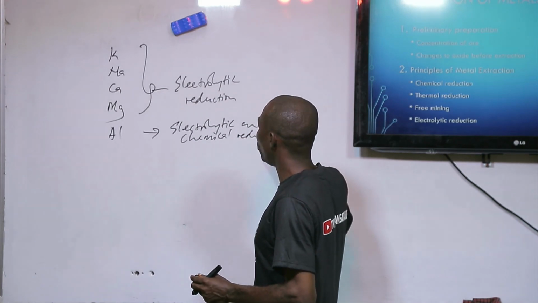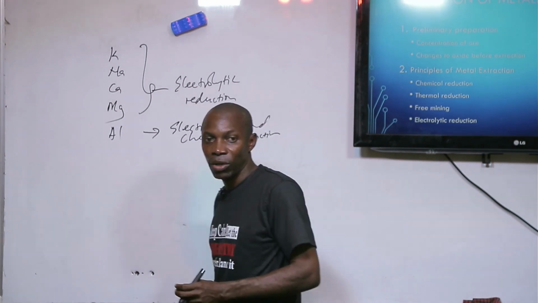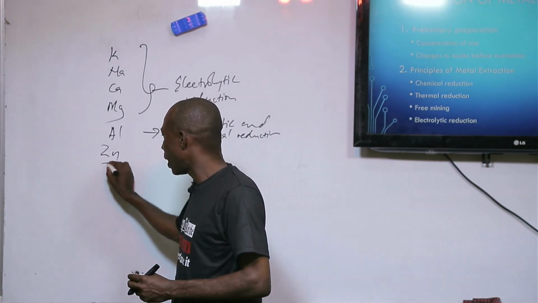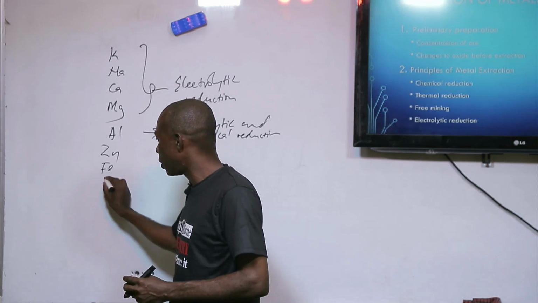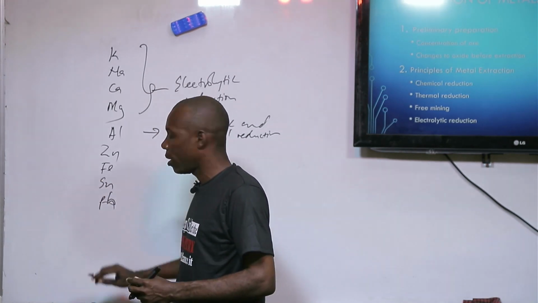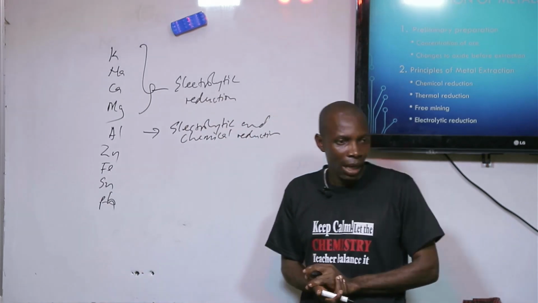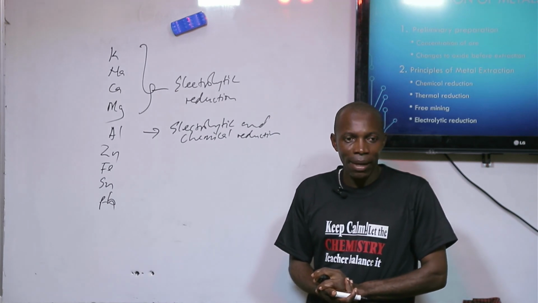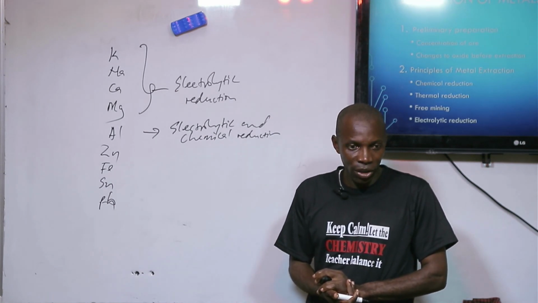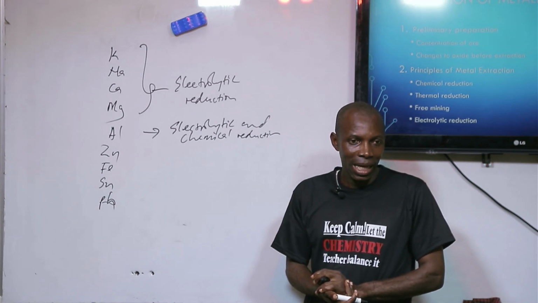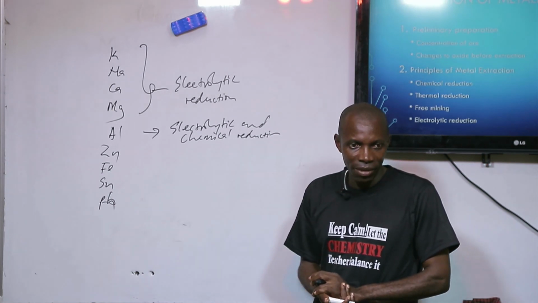Then after aluminium, which is where you have what? Zinc, you have what? Iron, you have what? Tin, you have what? Lead, and somehow copper. They will be extracted by chemical reduction because they are moderately and not so much active.